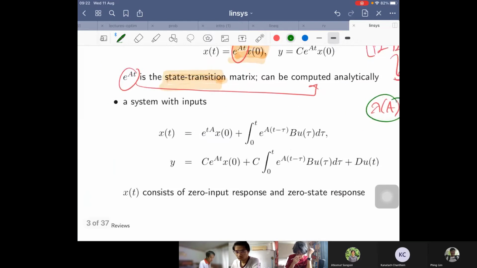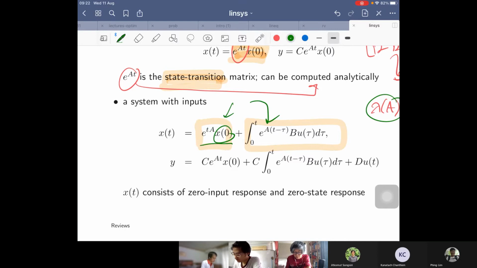When the system has input, the response comes from two terms. I would like you to review and verify the expression of this. This is from linear system class again. The first term depends on the initial condition.